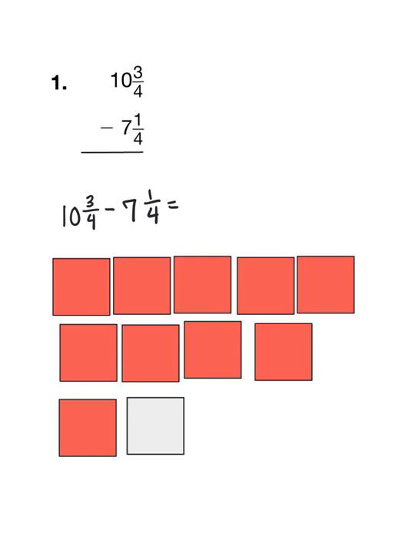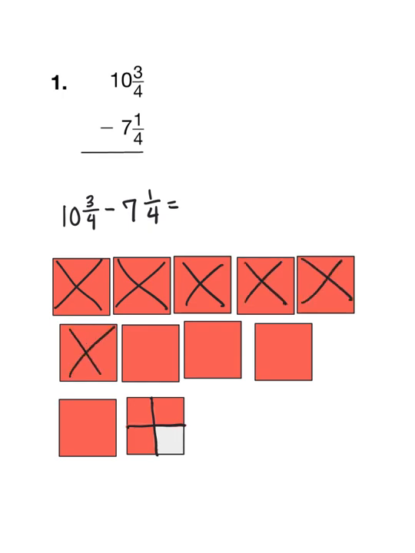Okay, so there's our 10 wholes. And then we have 1, 2, 3/4. Okay, now I'm going to cross out 7 and 1/4. This is gone, this is gone, this is gone, this is gone, this is gone, gone, gone, gone.